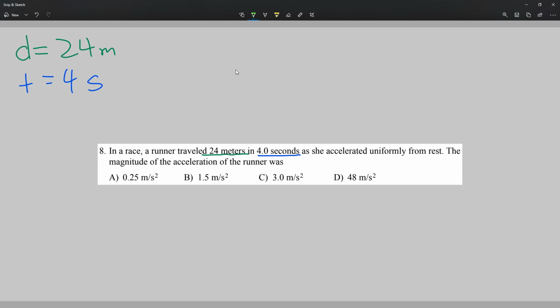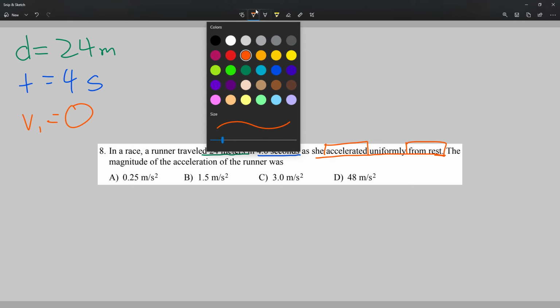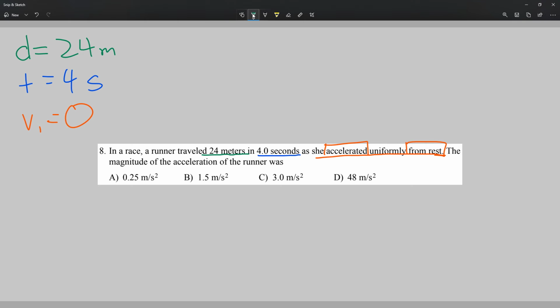It says that we accelerated from rest. So if you accelerate from rest, it means your initial velocity is 0. It doesn't matter that it says accelerated here. To accelerate from rest means that our starting speed was 0. And the magnitude of her acceleration is what?